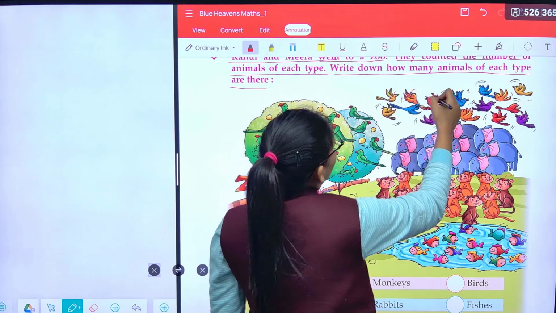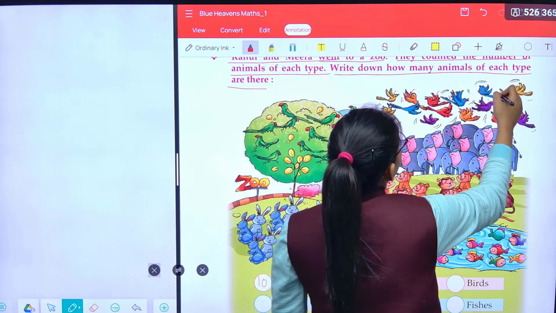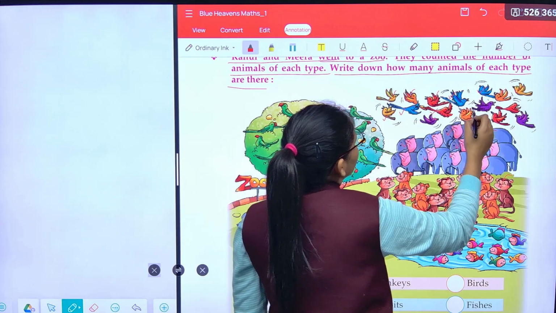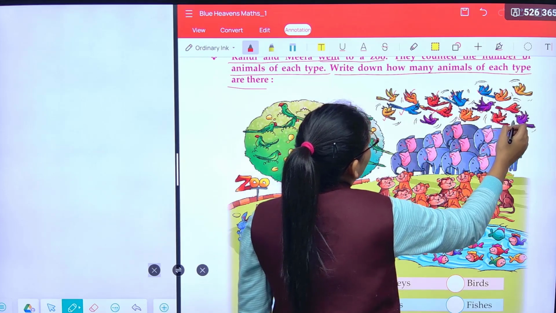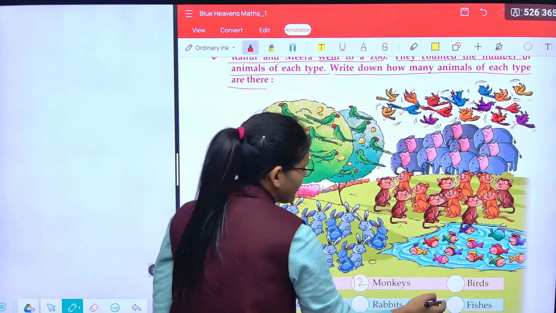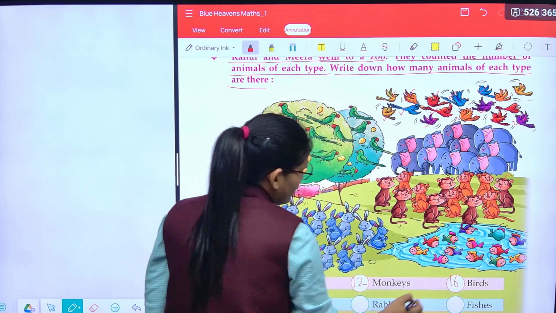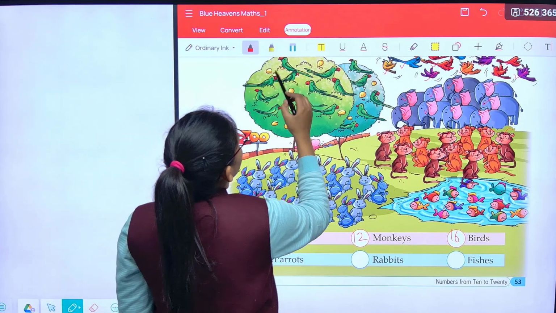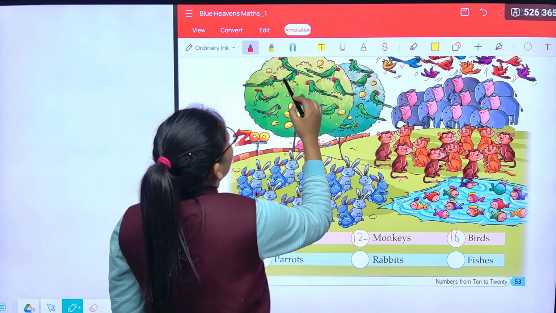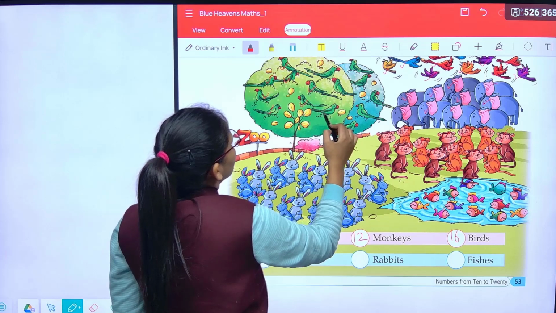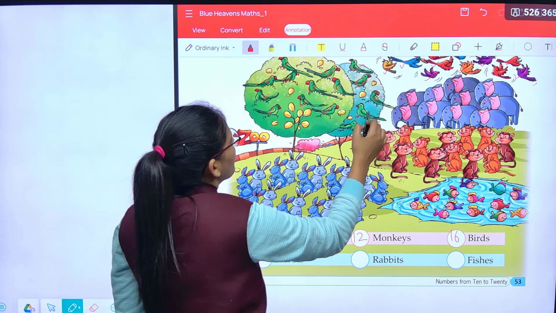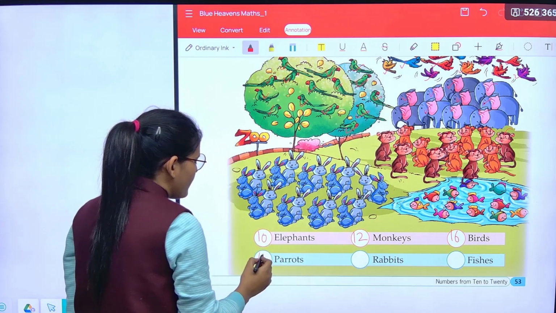Now class, birds, count the birds. 1 to 16. 16 birds are there. Now class, parrots. 1 to 15. 15 parrots are there.